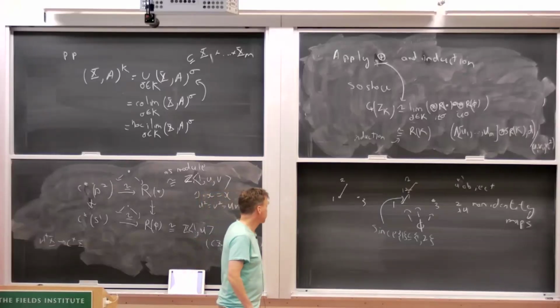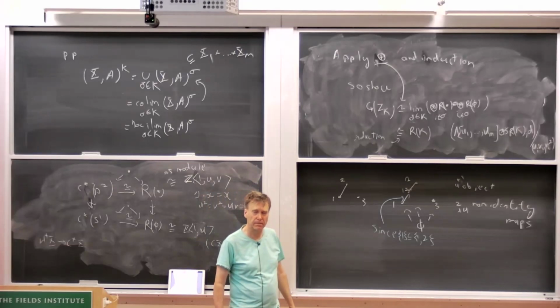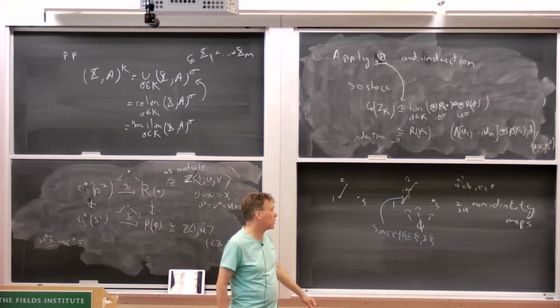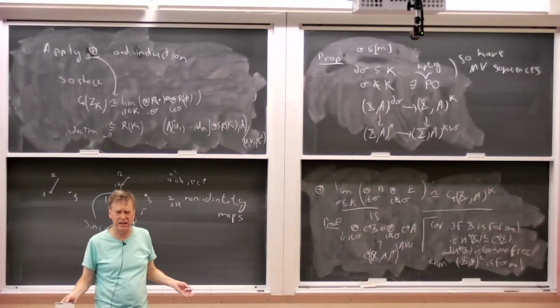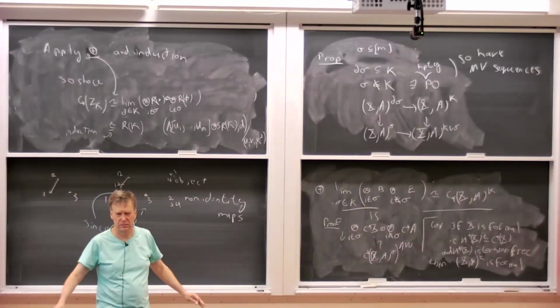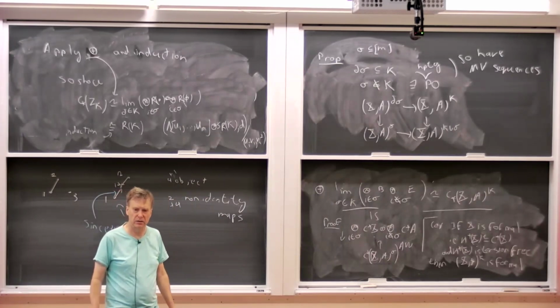You're not suggesting using a complex built out of the cochains on X even if it's not in a stable range? No, I mean, that is basically what this says in some sense, right? You don't really know what that is because the cochains on X are some unimaginably huge thing.